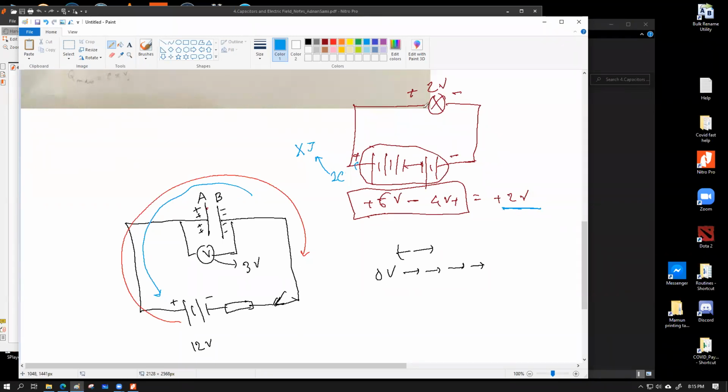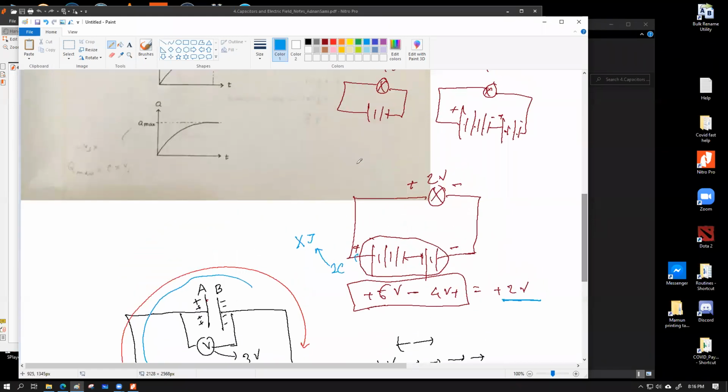As it passes through the bulb, it's going to lose some part of this energy. I said that over here the voltage was 2. So by passing through the battery, this 1 coulomb charge is going to have a remaining amount of energy. Let's say when this 1 coulomb charge reaches this point, it's going to have a total amount of energy of X minus 2 joule.